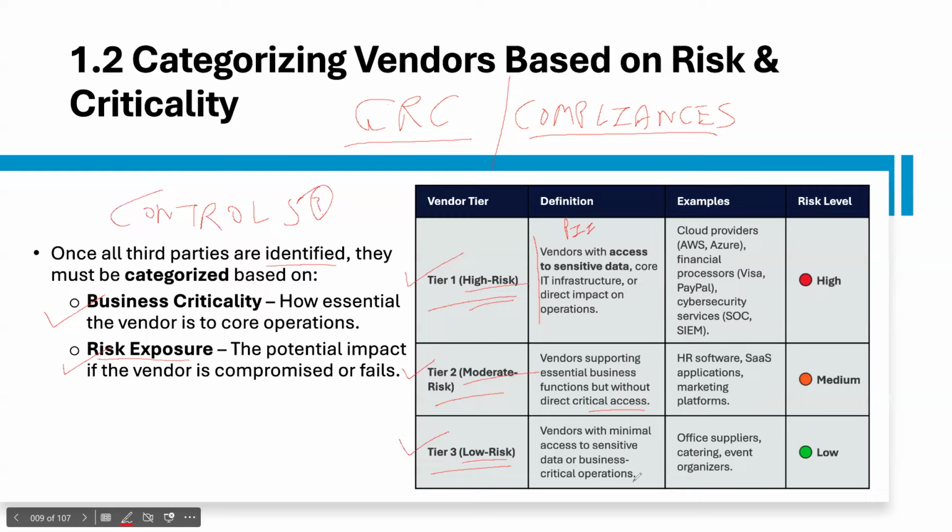For example, office supplies, your consumable items, day to day items from procurement and purchasing. So office supplies, catering, event organizers and all that. They don't have a lot of impact. But when you come to tier 1, there you have your payroll system, your HR systems, your Salesforce systems, and all the basic applications on which your organization is working on a day-to-day basis.